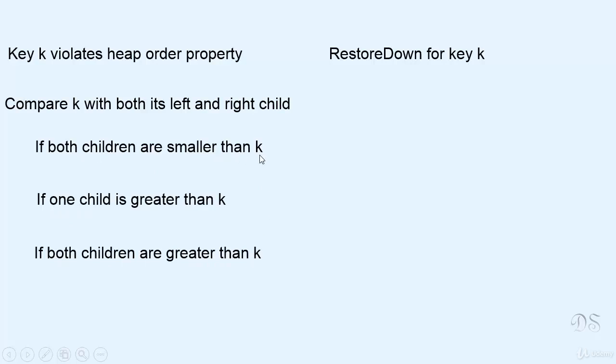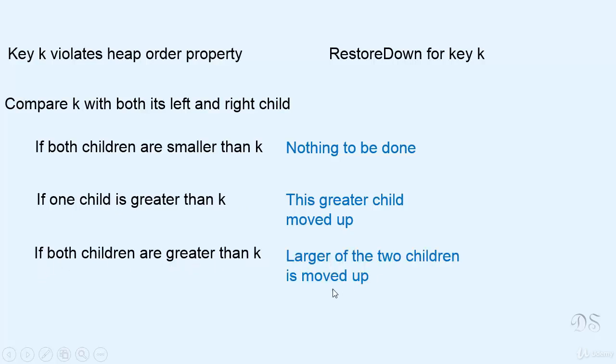Now in this case, the heap order property is satisfied, so there is nothing to be done. In this case, the greater child is moved up. So if left child is greater than k, left child is moved up, or if right child is greater than k, then the right child is moved up. Now in this case, if both children are greater than k, then the larger of the two children is moved up.